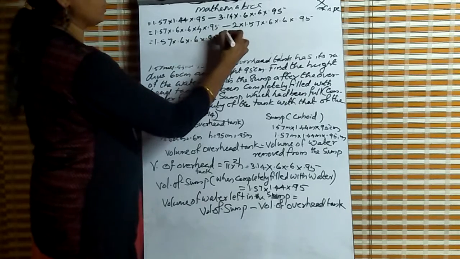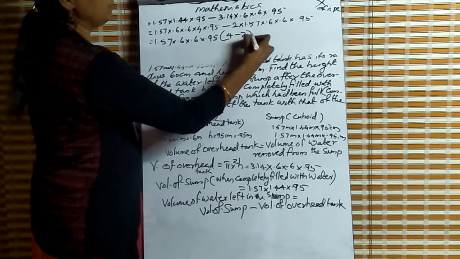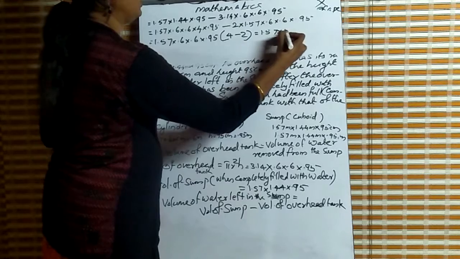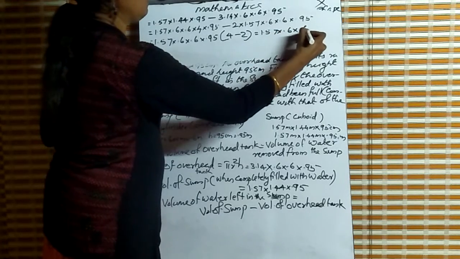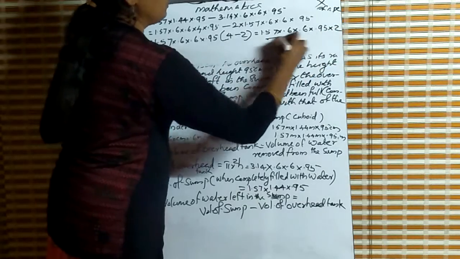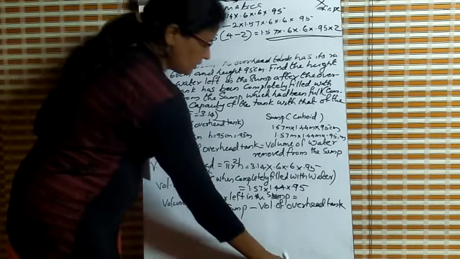These four numbers are common. Take them outside; here 4, here minus 2, which is equal to 1.57 into 0.6 into 0.6 into 0.95 into 2. This is the volume of water left in the sump.